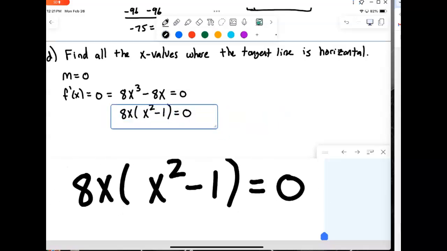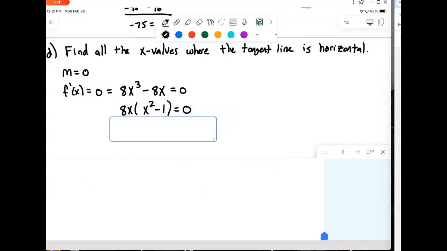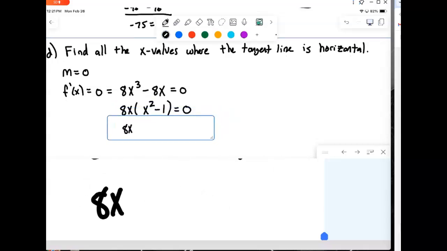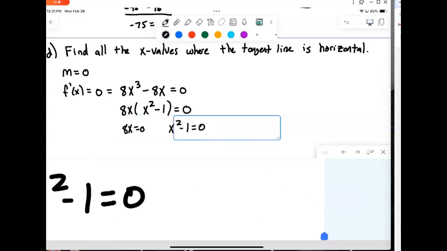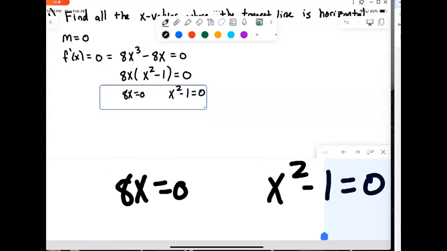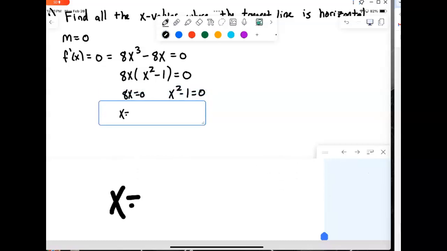And so we do that. 8x times x squared minus 1 equals 0. So either 8x equals 0 or x squared minus 1 equals 0. 8x equals 0 leads us to the solution x is 0.